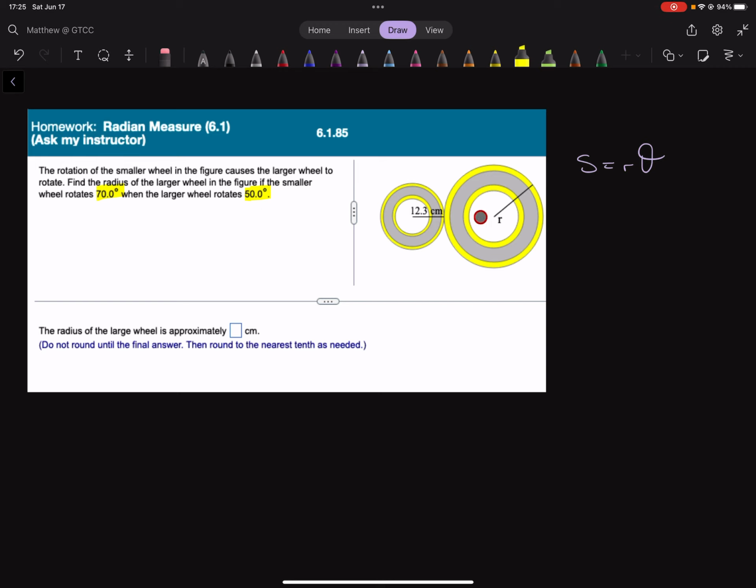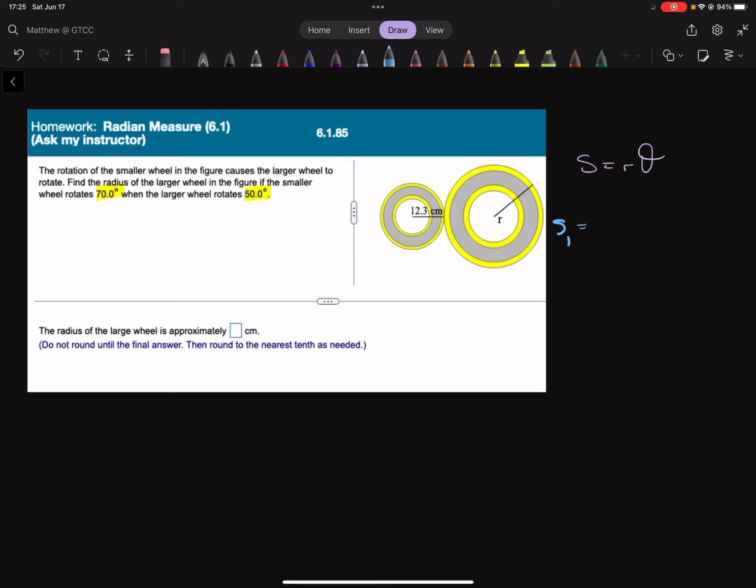So let's determine the distance along this wheel that 70 degrees of rotation will create. We'll say S sub 1, which corresponds to that first wheel.